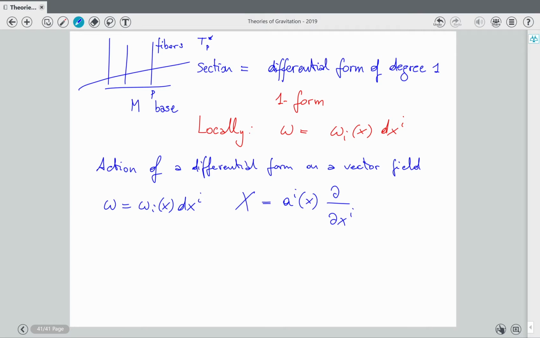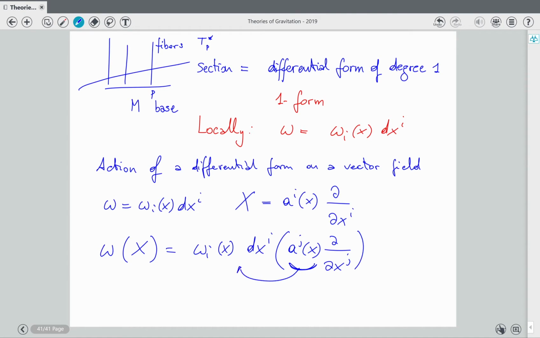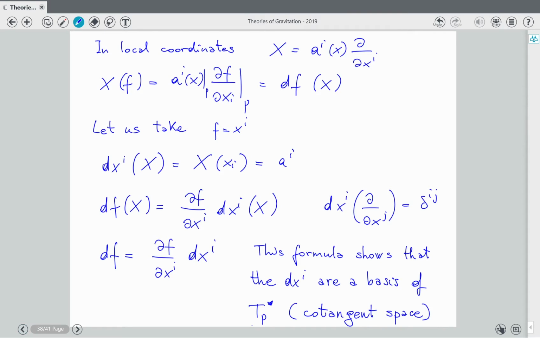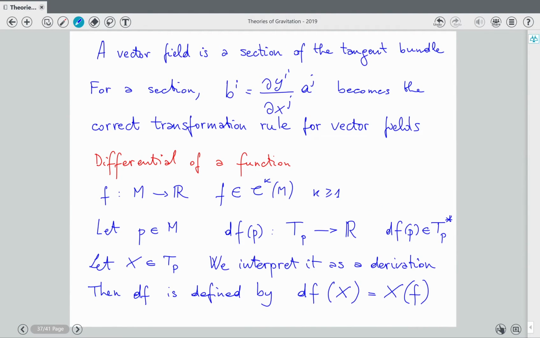introduced the concept. And then what is omega of x? That is omega I of x differential dxi acting on aj, let's say, partial over partial xj. What is a differential on this? Let's recall that this can be taken out at no price, because we proved it when we defined it.